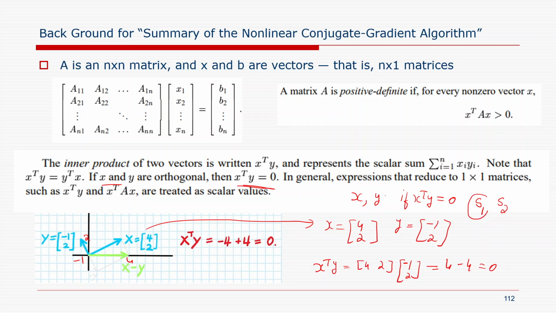Once we have found one search direction and are going in it, the next search direction we take will be orthogonal to that one, S1, S2. That's how the orthogonality condition is satisfied.